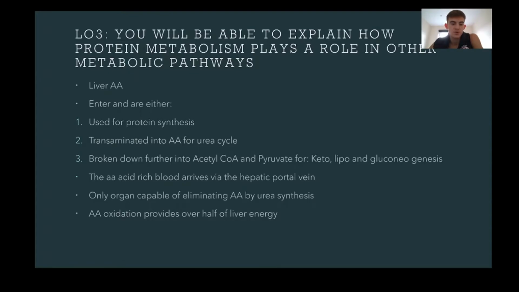And they can also be broken down further into acetyl-CoA and pyruvate for keto-, lipo-, and gluconeogenesis. So we talked about that pathway in one of the first lectures, where amino acids can be used for gluconeogenesis if we're low on glucose. And the amino acid rich blood arrives via the hepatic portal vein, hepatic relating to the liver.